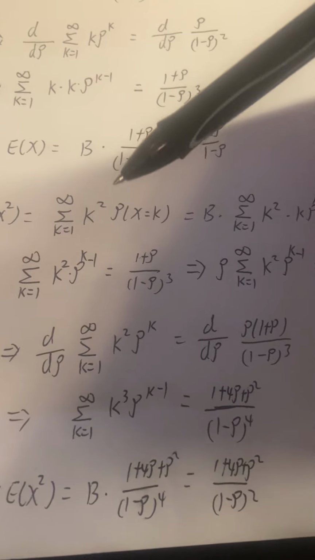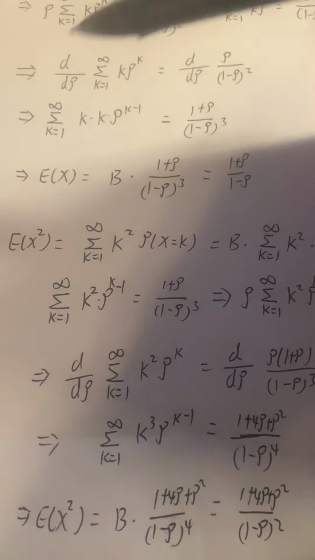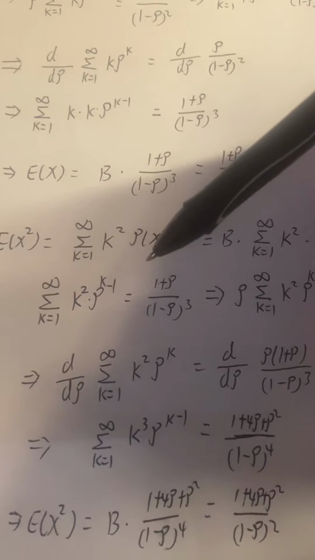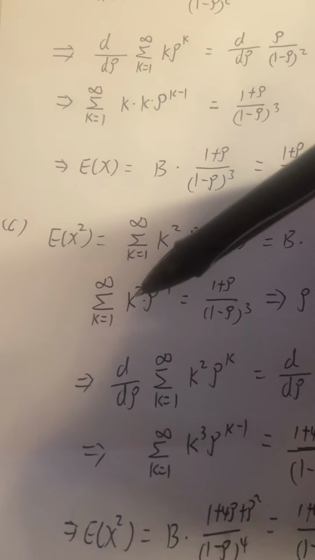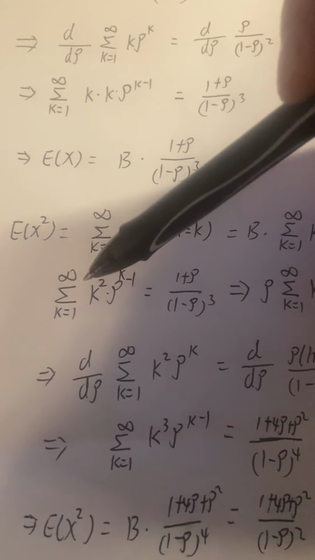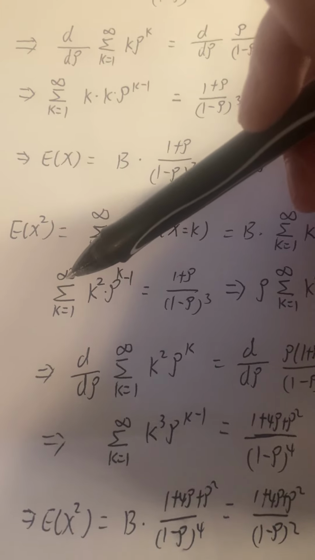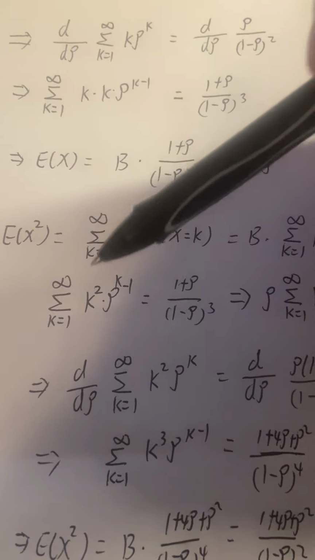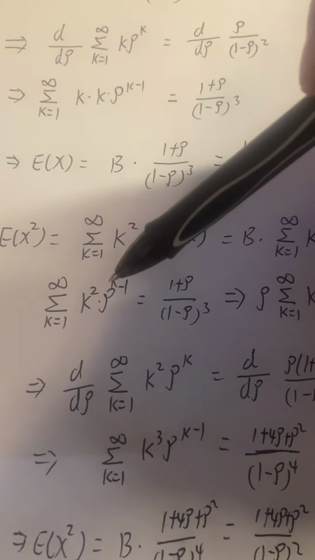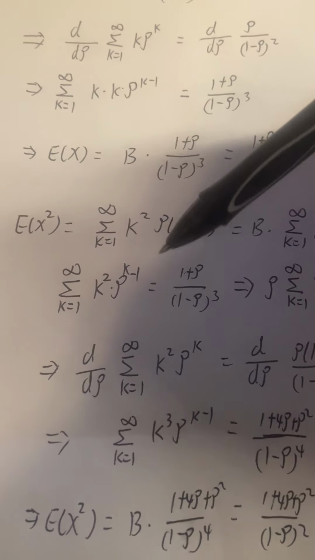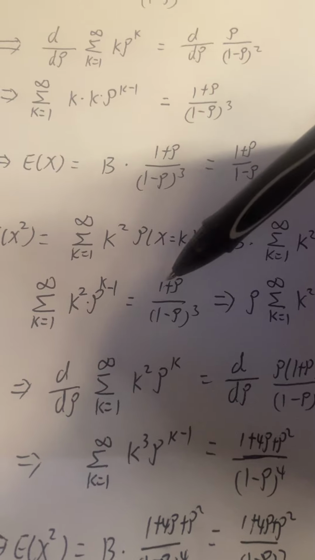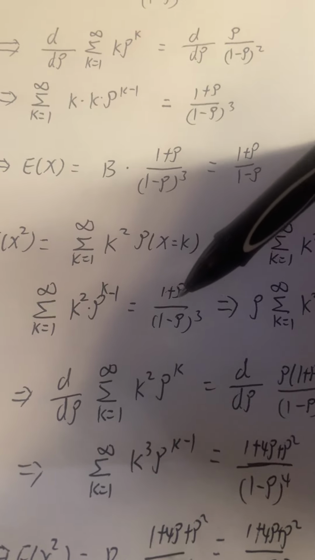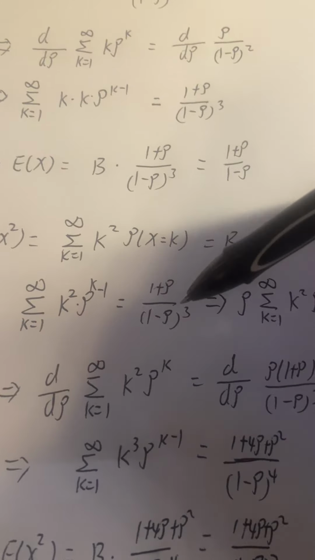So we can use the same method as problem B. We know that the sum from k equals 1 to infinity of k squared times p to the power of k minus 1 is 1 plus p over 1 minus p cubed.